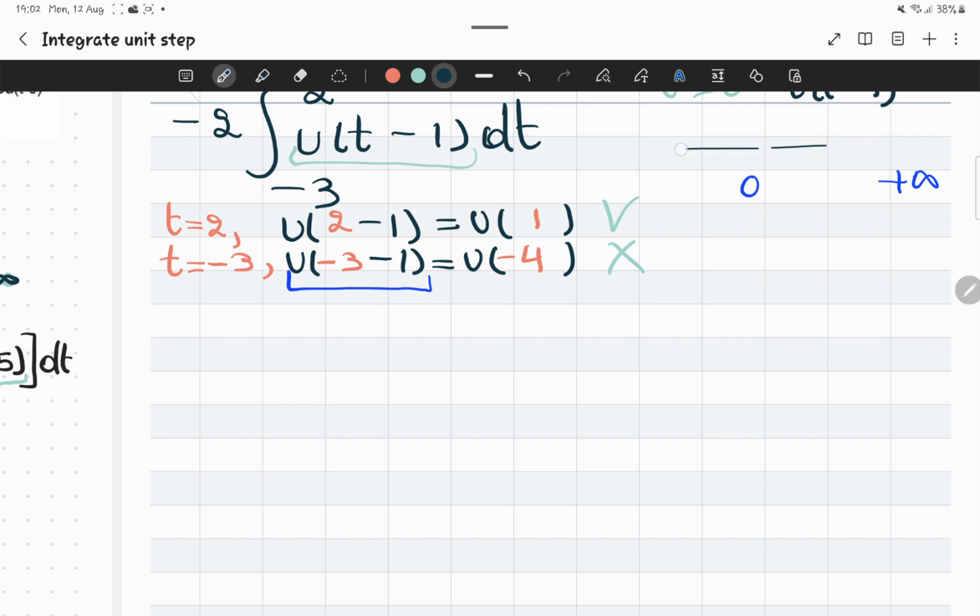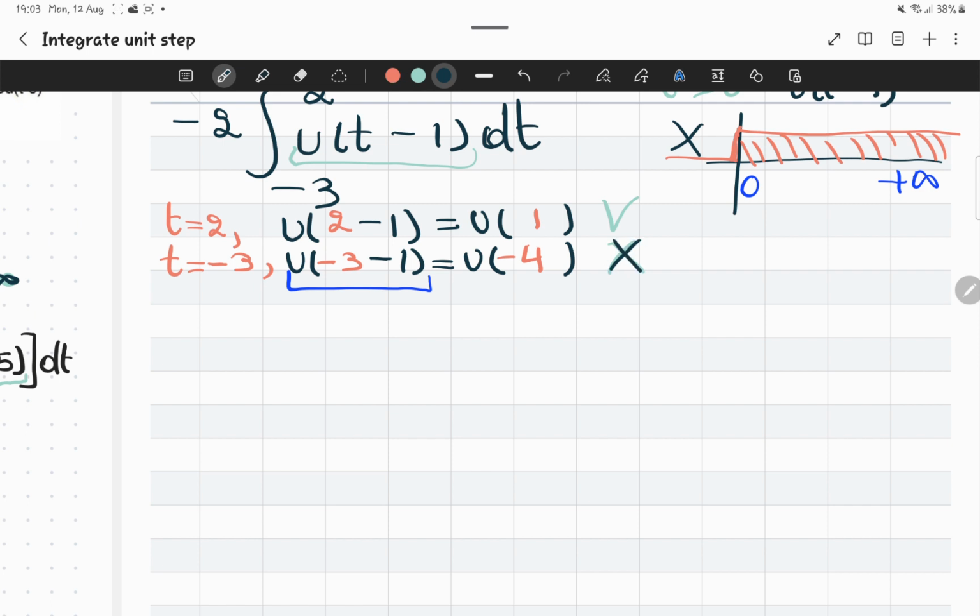This is how the graph is supposed to be. We start at 0, then we go all the way up, and the positive values are required. So anything that is negative has to be rejected. Like in this case, we need to reject it.